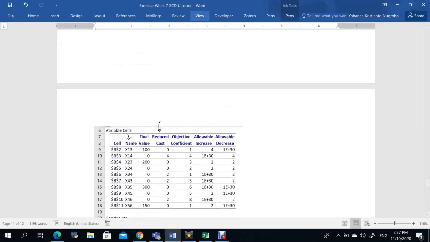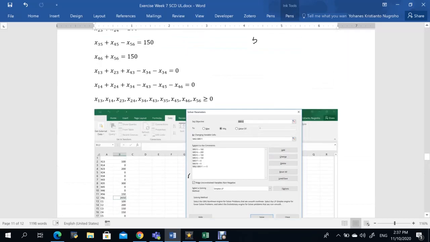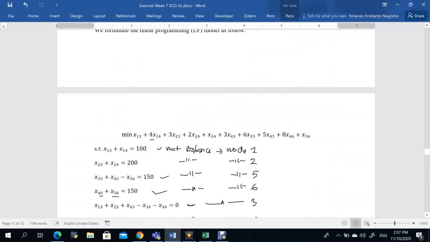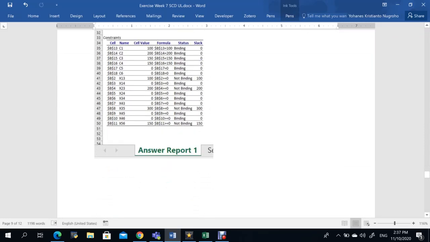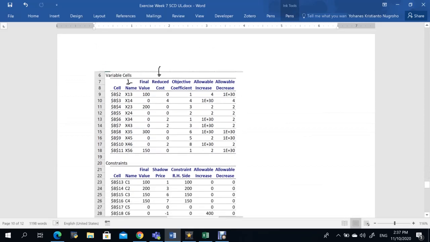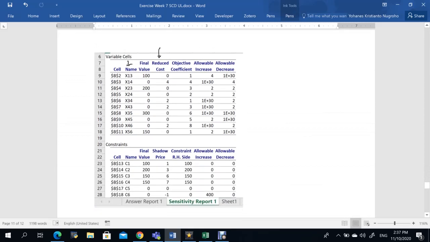That is, in node number 1 we have X13 plus X14 equal to 100, and we can change 100 by adding units to be shipped from 1 to 3 or 1 to 4 as much as 1. That is the maximum additional unit from node number 1 to node number 3 or 4.